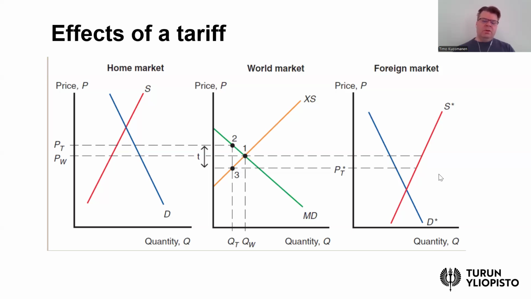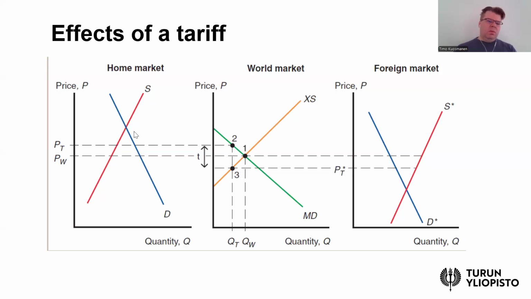So the price level is now different in the home market and foreign market, where the price for the exporter becomes smaller and for the importer higher. And in the new equilibrium in the world market, the quantity will be smaller. There will be less export, less import, and in fact also less consumption.